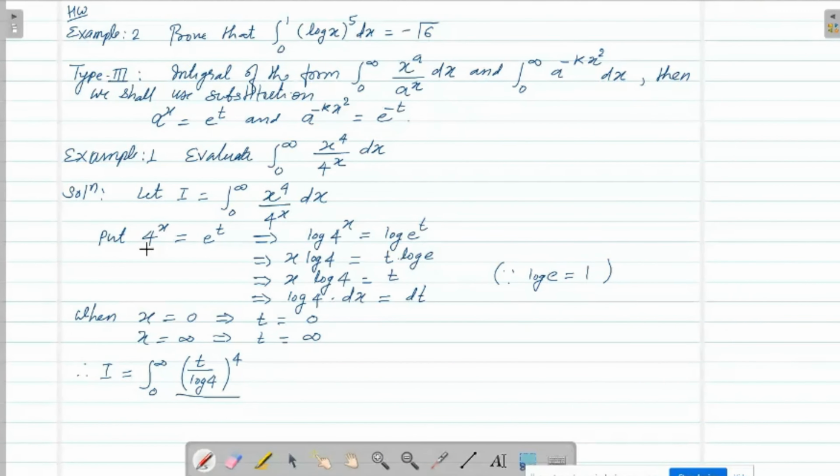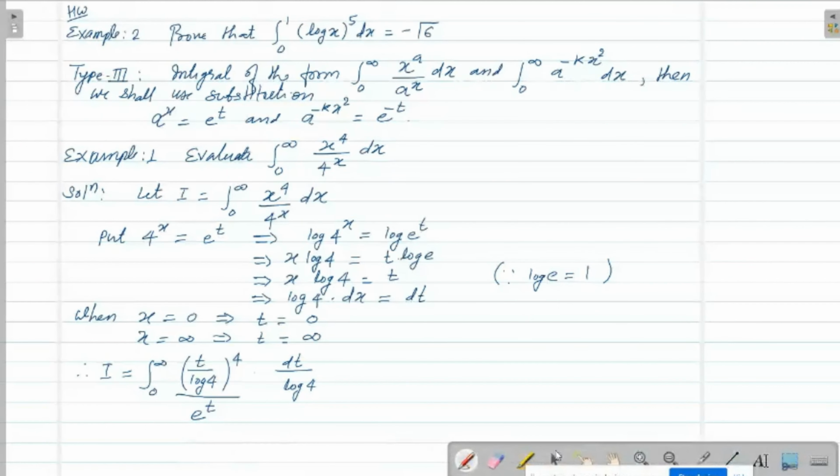So instead of 4 raised to x, we put here e raised to t, and instead of dx, we put here dt by log 4.